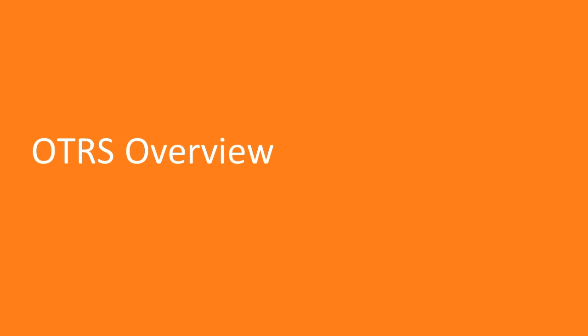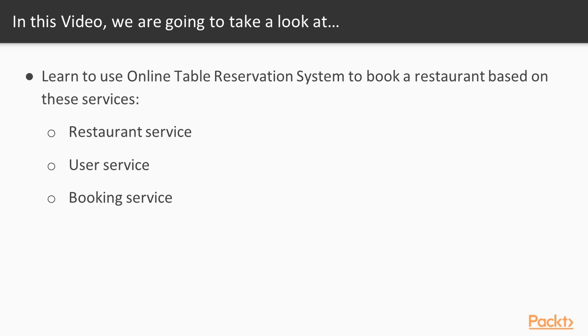OTRS overview. Online Table Reservation System, where a user can book a restaurant using these three services. Based on microservice principles, we need to have separate microservices for each functionality that can function independently.